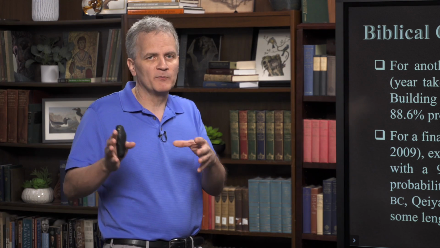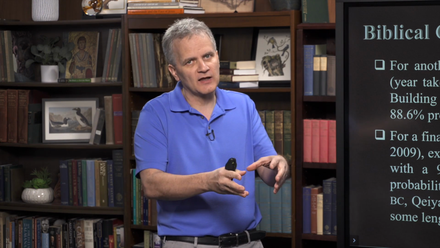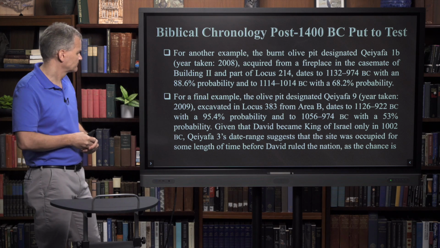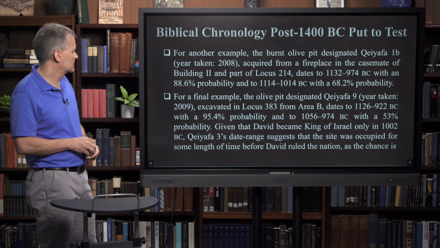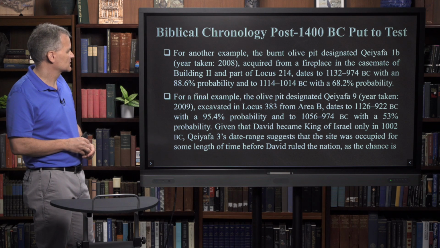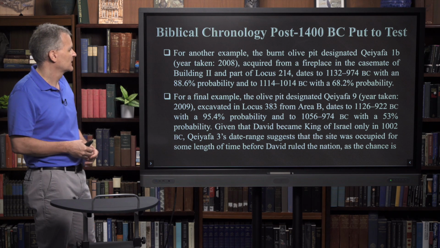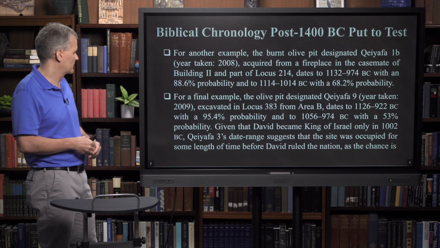So again, these are more olive pits, but now we're looking at olive pits that aren't from the destruction level, but overall found within the site. For a final example, the olive pit designated Qeiyafa 9, taken in 2009, excavated in locus 383, dates to 1126 to 922 BC with 95% probability, and 1056 to 974 with a 53% probability.